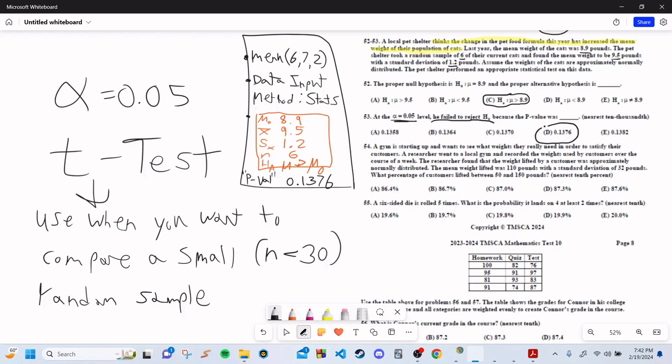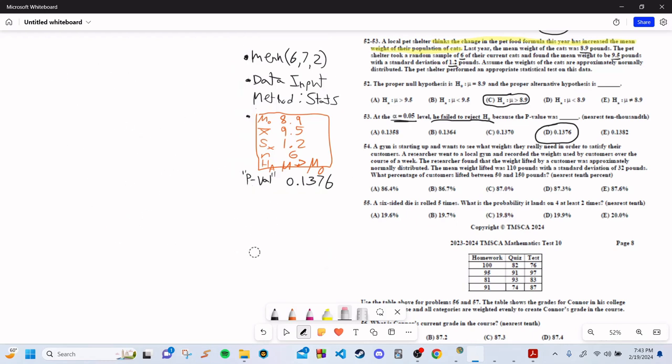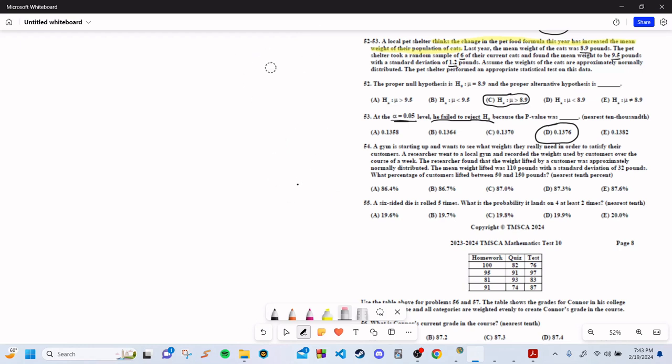So that will be answer choice D. So make sure you know when to use a t-test, how to get to the t-test on your nSpire, and what each of these values that it prompts you for mean. All right? So moving on to the next question. That will be question 54.